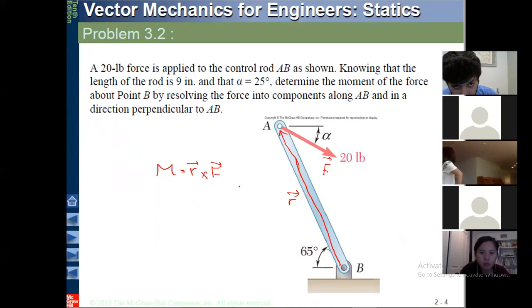But this is a two-dimensional case, so we're not going to bother ourselves with the components, and we'd rather write this M as a scalar, actually. In the problem, it is proposed that we can decompose the force into components along AB and perpendicular to AB, and then calculate the moment.